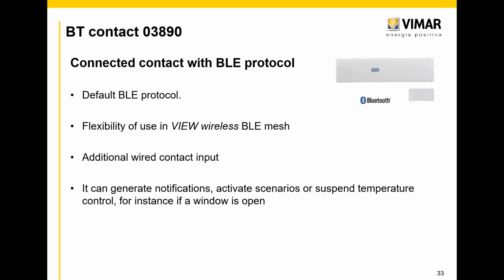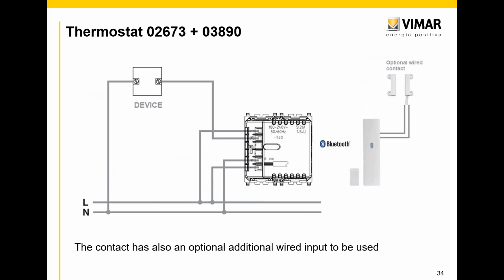But not only that, it also allows you to get notifications. So in case you leave the windows open or something happens, you can get this information as a notification, a pop-up in the mobile application, saying that, for instance, the contact is open.